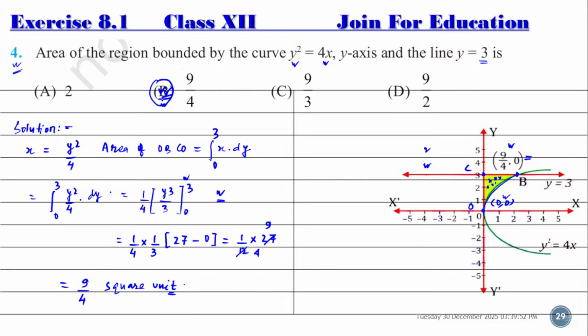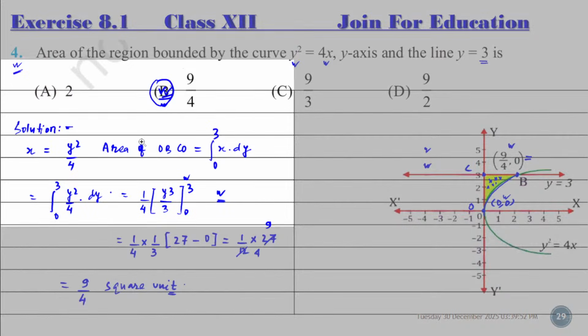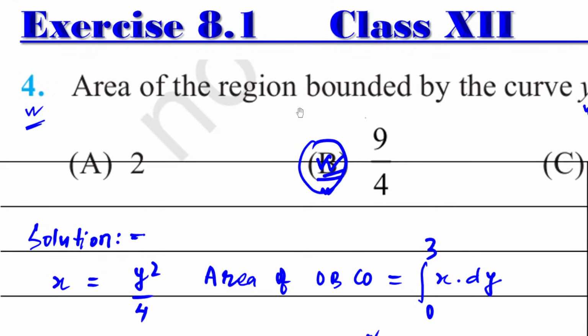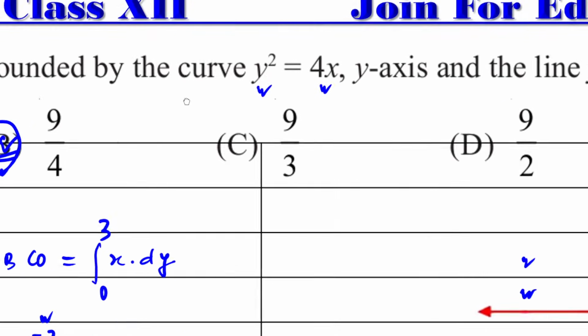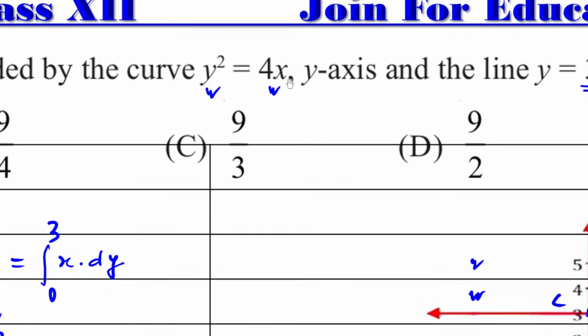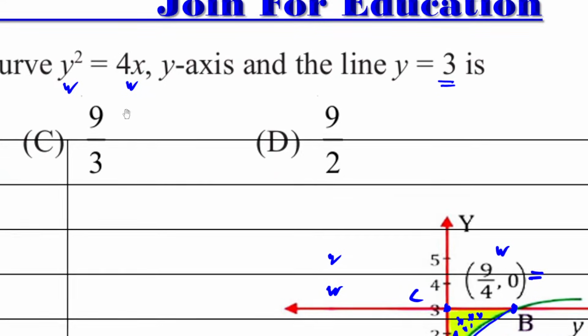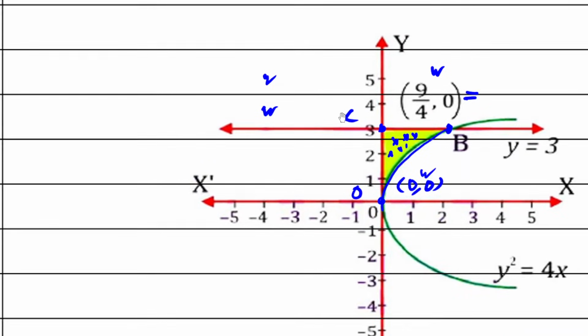Let's see this one in zoom mode. So this is the question. Area of the region bounded by the curve y square equal to 4x, this is the equation of a parabola, the y-axis and the line y equal to 3. This is the relevant figure of this question.